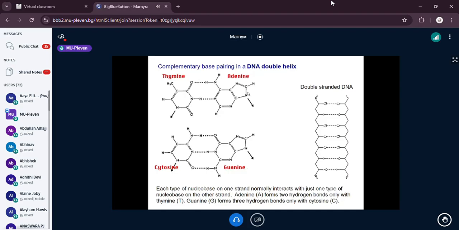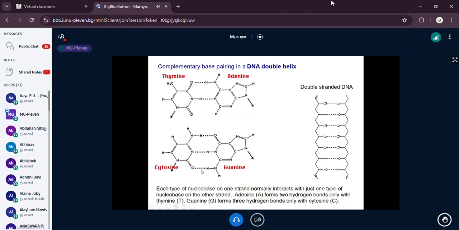Purine bases are adenine, guanine. Pyrimidine bases are cytosine, uracil, thymine. So in DNA, thymine makes two hydrogen bonds with adenine. They are complementary.